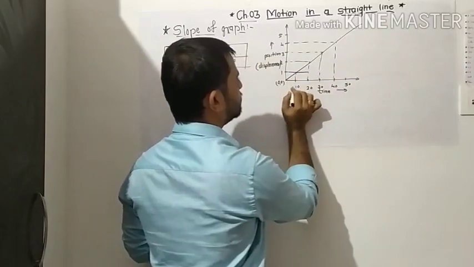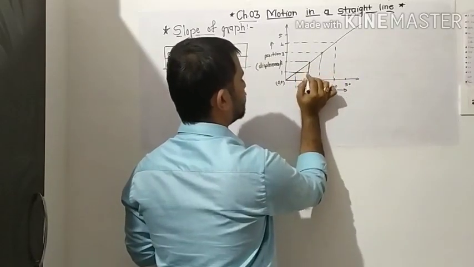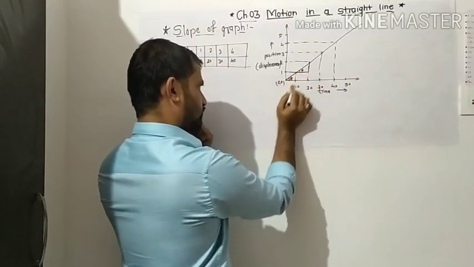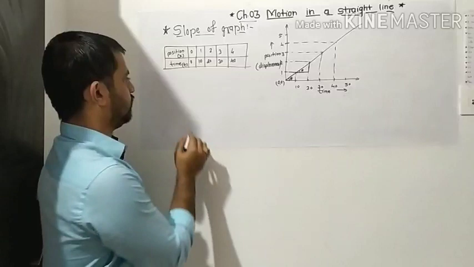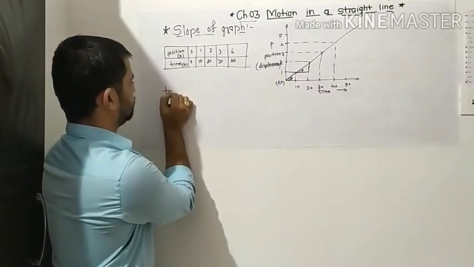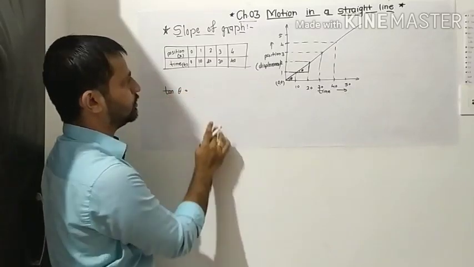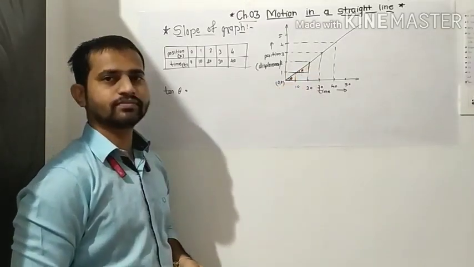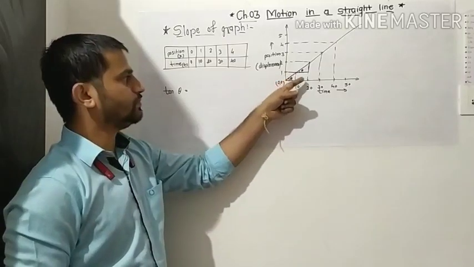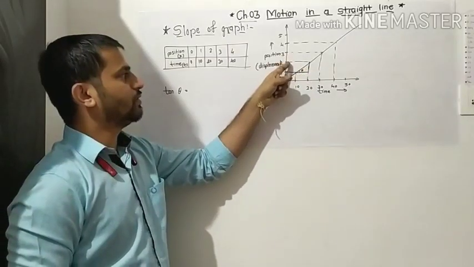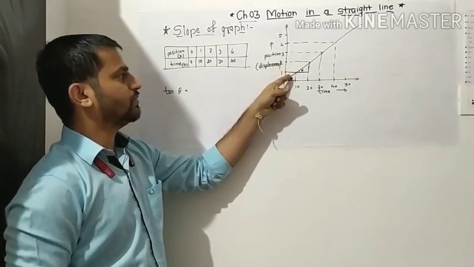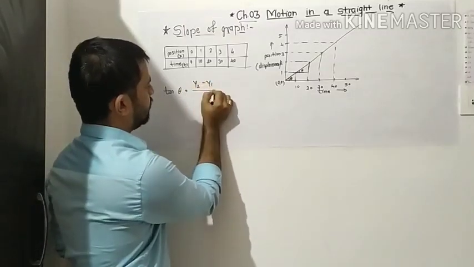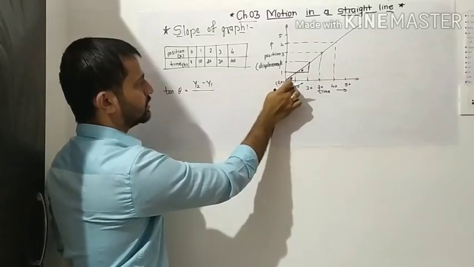Then whatever the angle here is, theta, tan of the angle theta is equal to perpendicular upon base. The perpendicular is y2 minus y1 and the base is x2 minus x1.